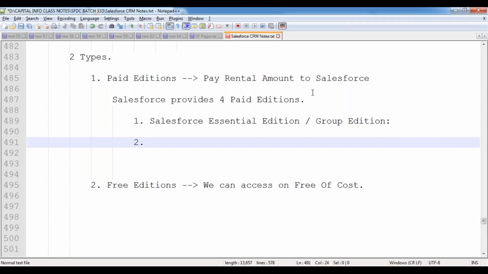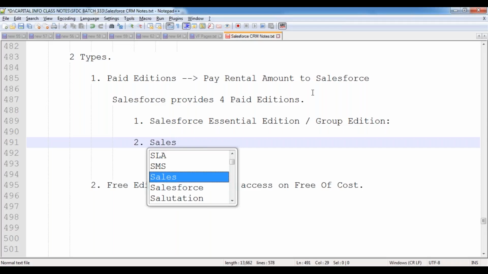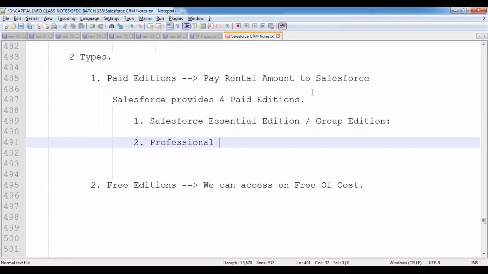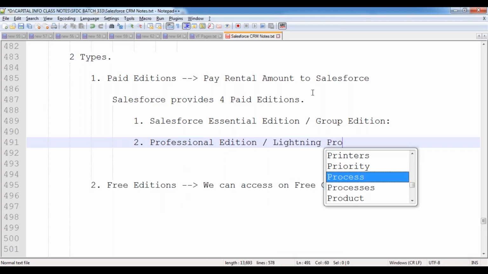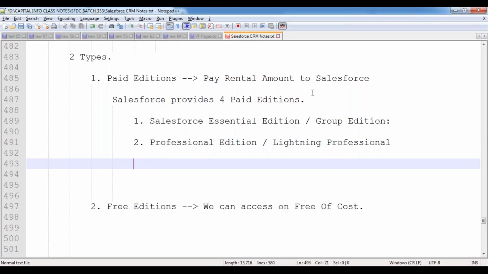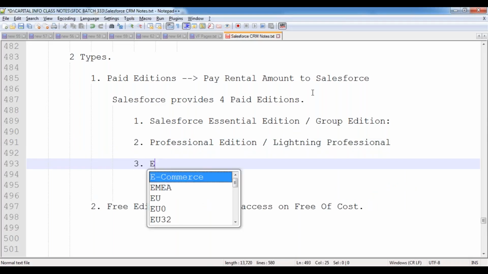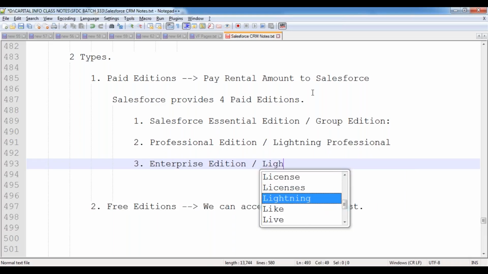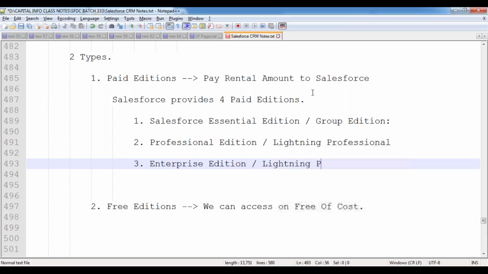Now, the second one, Professional Edition. Previously, this was also called Lightning Professional Edition. Third one, Enterprise Edition. Previously, this was also called Lightning Enterprise.